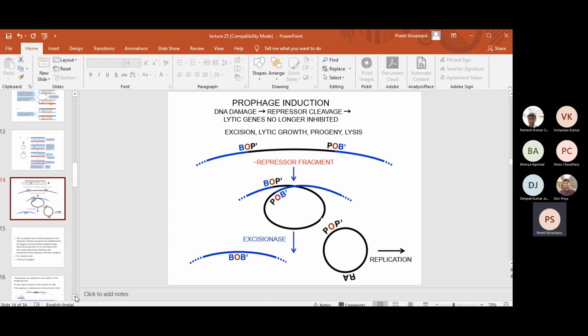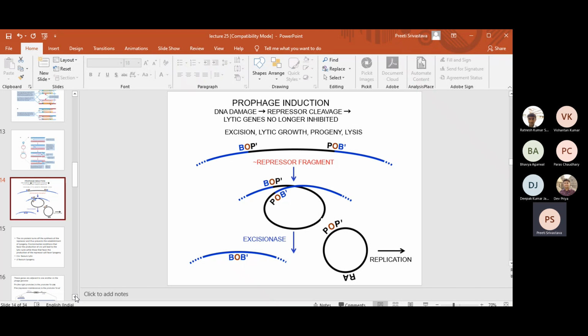But the point is gal and bio are present as independent entities in many bacteria. In case of E. coli, they are present flanking the att region, the lambda attachment site. That is why lambda phage is very specific for E. coli. It doesn't work, for example, for gram positive bacteria.